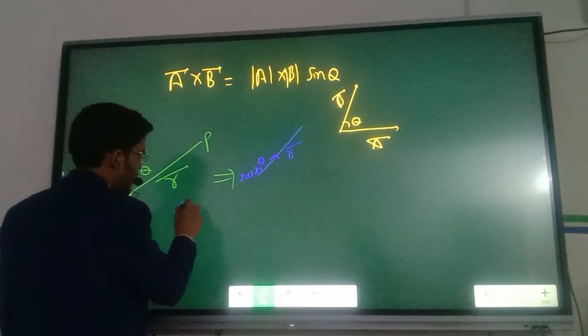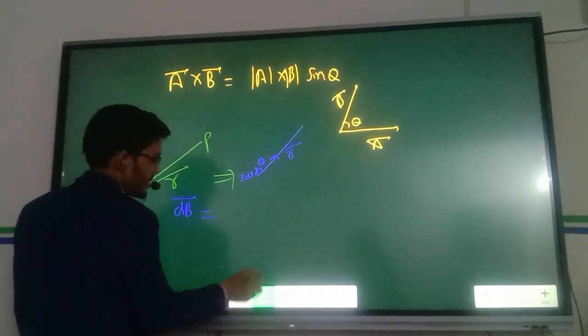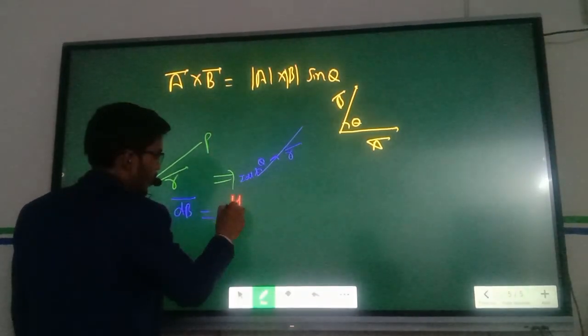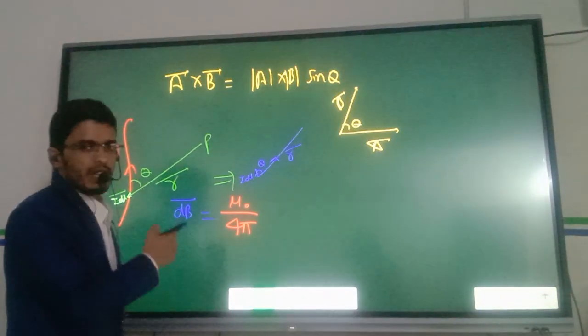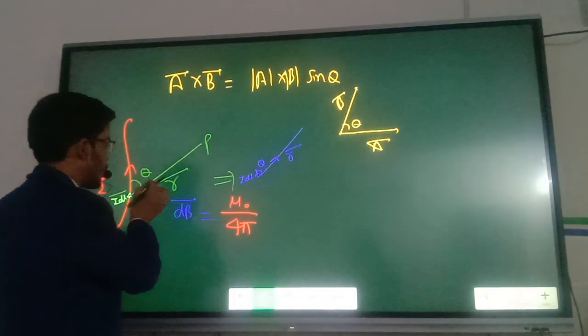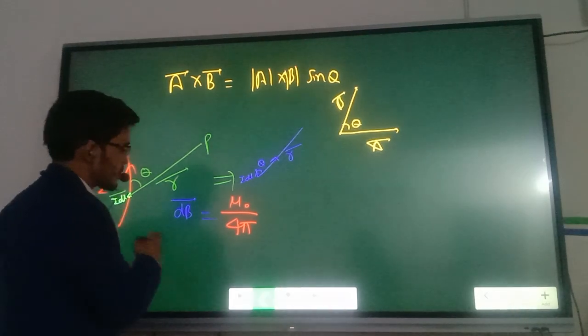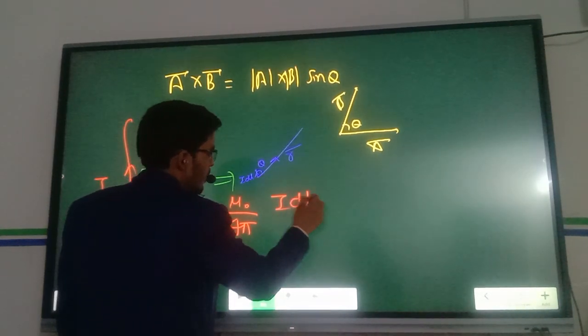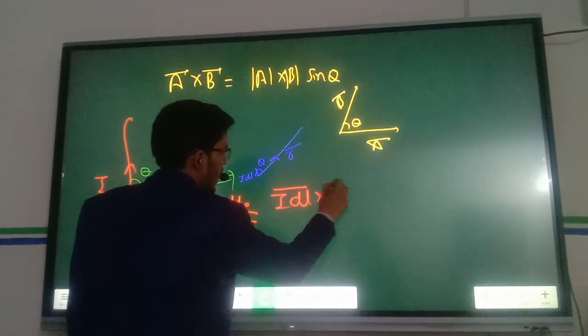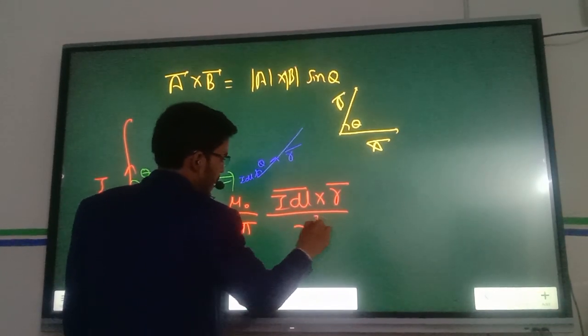So dB equals mu naught upon 4 pi. dB is actually the magnetic field due to a small element of the current carrying wire: mu naught upon 4 pi, IdL cross R upon R cube.